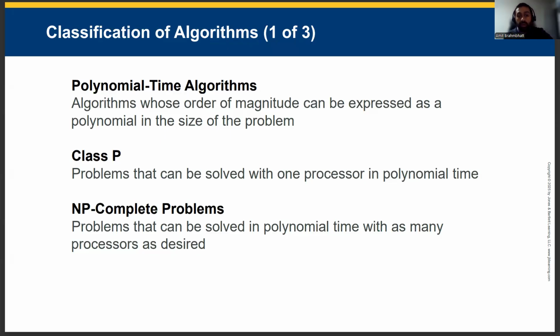The set of all problems solvable in polynomial time by a single processor is known as class P. In contrast, NP complete problems are problems that can be solved in polynomial time if you have access to as many processors as you want. Essentially, unlimited parallelism. These problems are extremely challenging because while it is easy to verify a solution, finding the solution may require enormous computational effort. This slide sets the stage for understanding one of the most famous open questions in computer science, whether P equals NP.